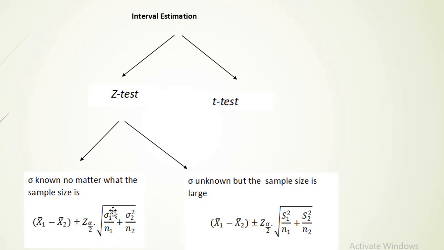If the population variances are known, no matter what the sample size is, then you have to use this formula. This is the point estimate, and as I already told you, it is the same in all situations. If you are talking about z test, the method of calculating the table value is the same, but the difference exists in the standard errors.